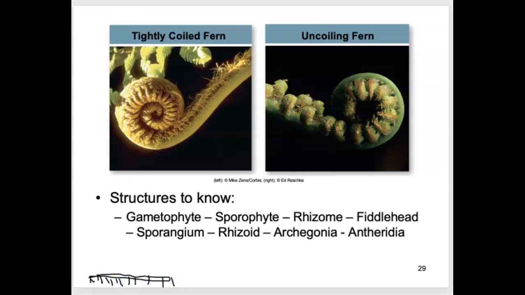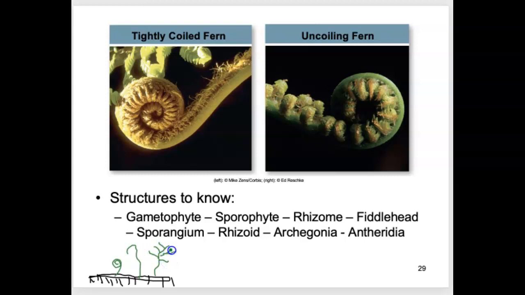Then in early spring, this little coiled up structure called a fiddlehead emerges. The fiddlehead slowly uncoils, and as it uncoils, it spreads out into the fern frond.